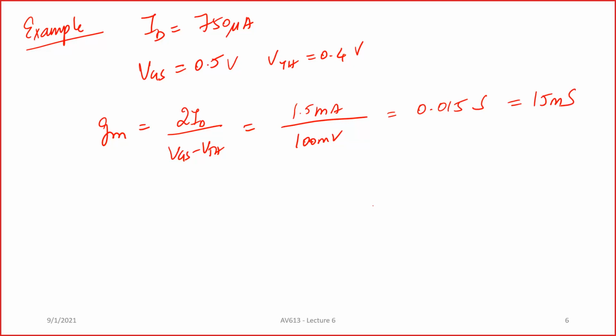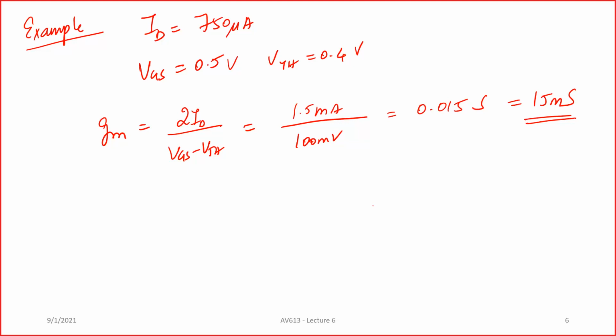All right. Typically in a MOSFET, you have GM in the range of hundreds of microsiemens or a few millisiemens and so on. All right. So suppose now I want to increase my GM.